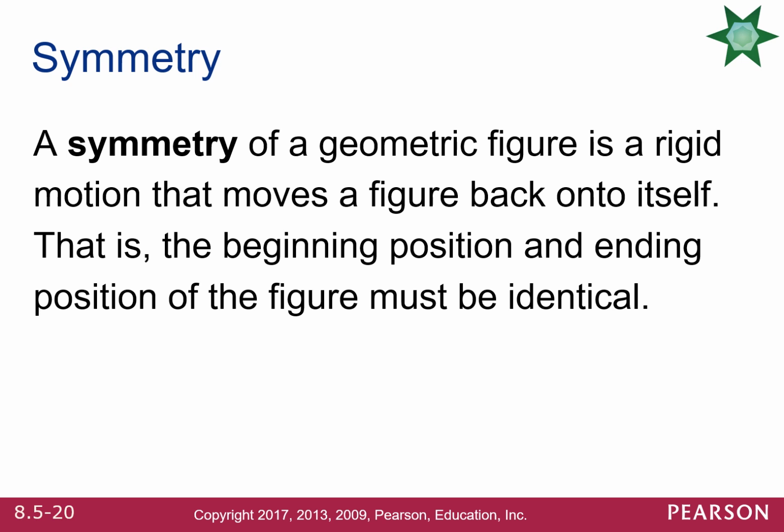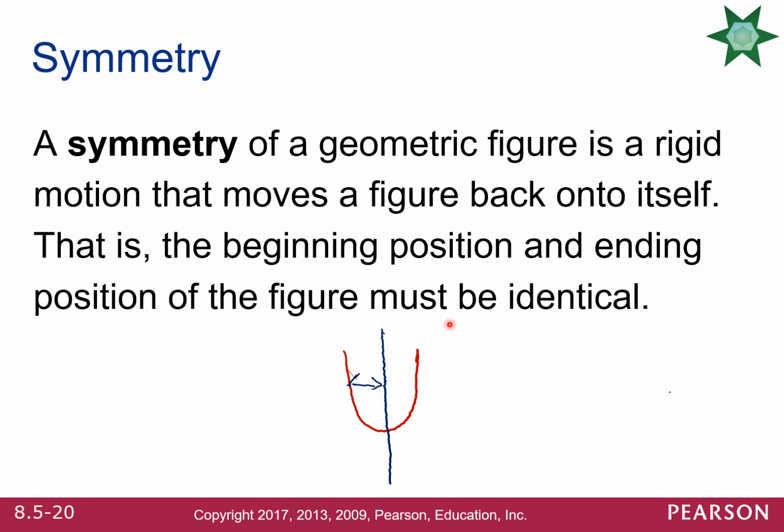All right. So look at this figure here. So if I draw a U like this, all right. If we were to draw a line through the center of this U, then we will get the two sides. If you fold these two sides upon each other, they will overlap, exactly overlap.